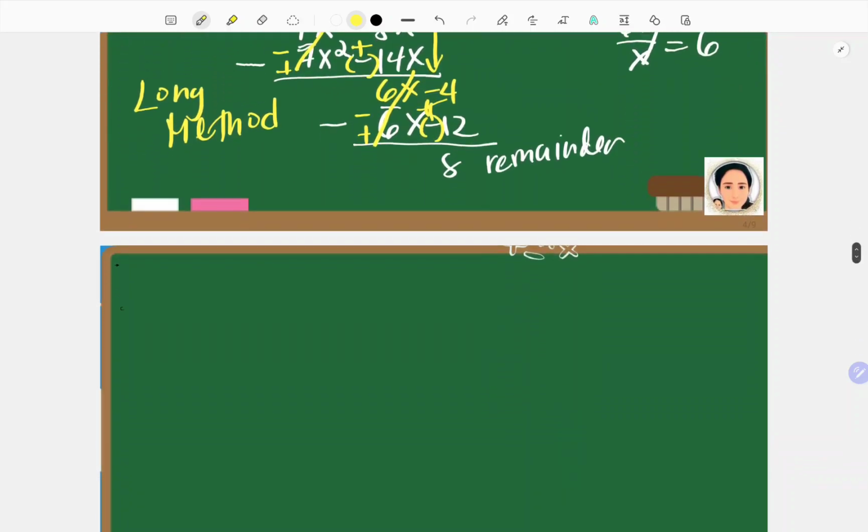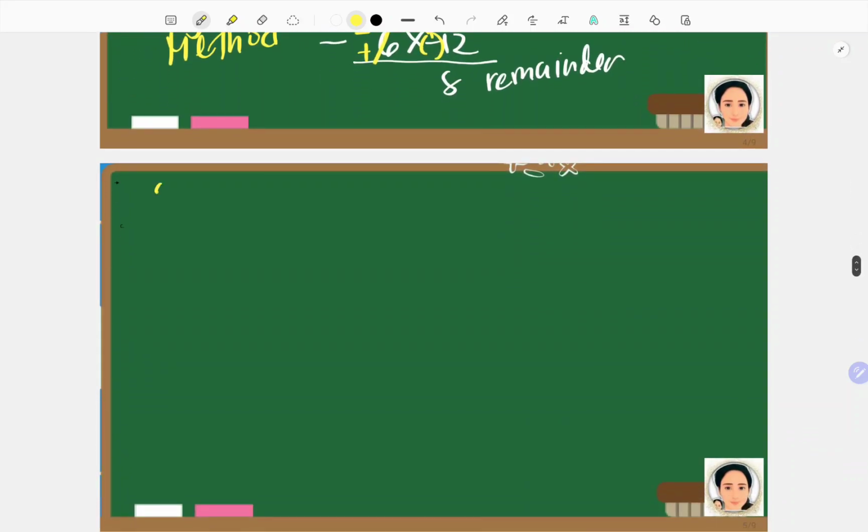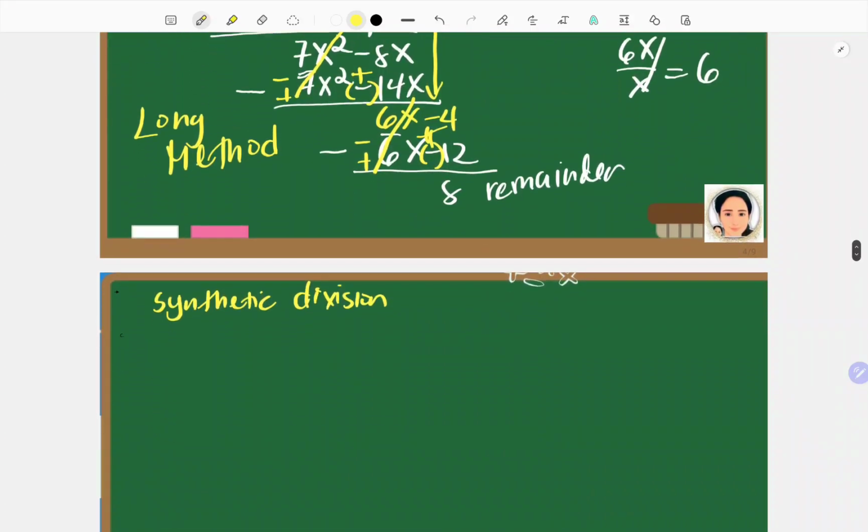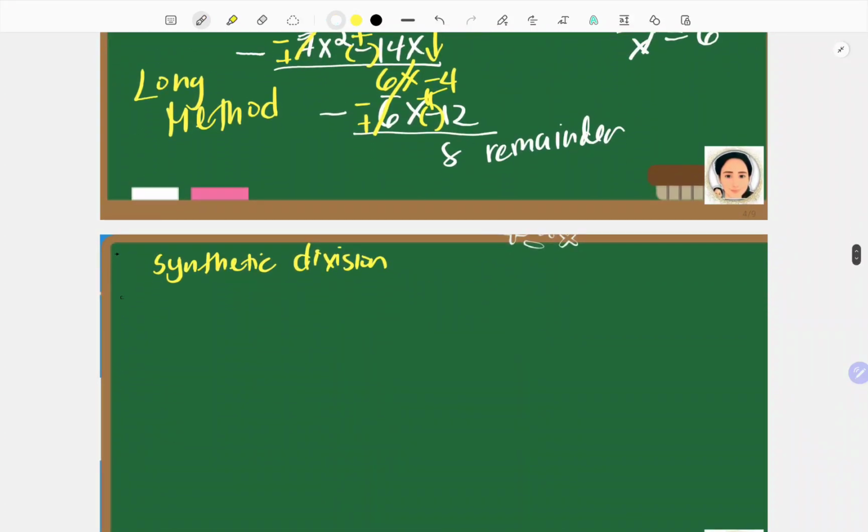What about the synthetic division? So, let us copy first the given. So you have here 3x cubed plus x squared minus 8x minus 4.